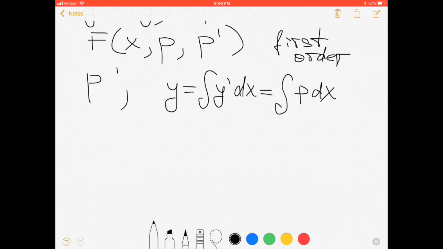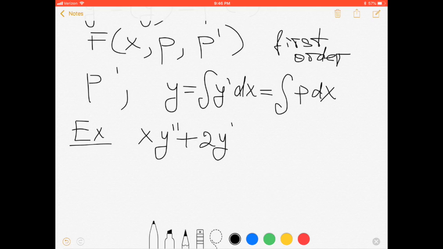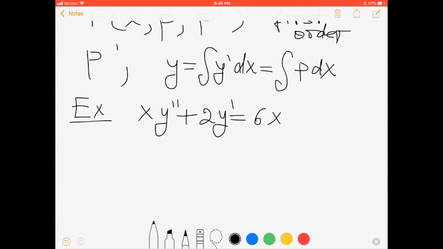Doing some example. Let's go. We have x times the second derivative of y plus 2y prime equals 6x. Here we don't have y. This means we can rewrite our equation like x p prime plus 2p equals 6x.